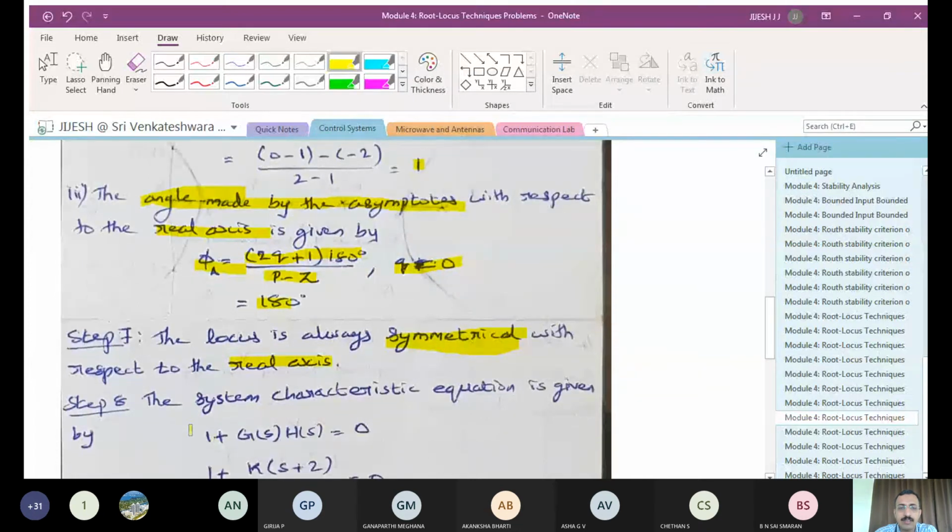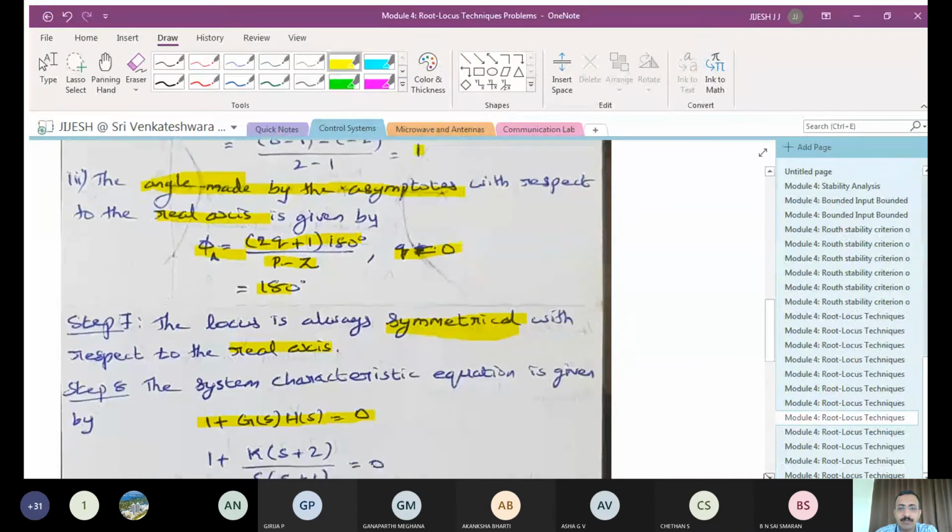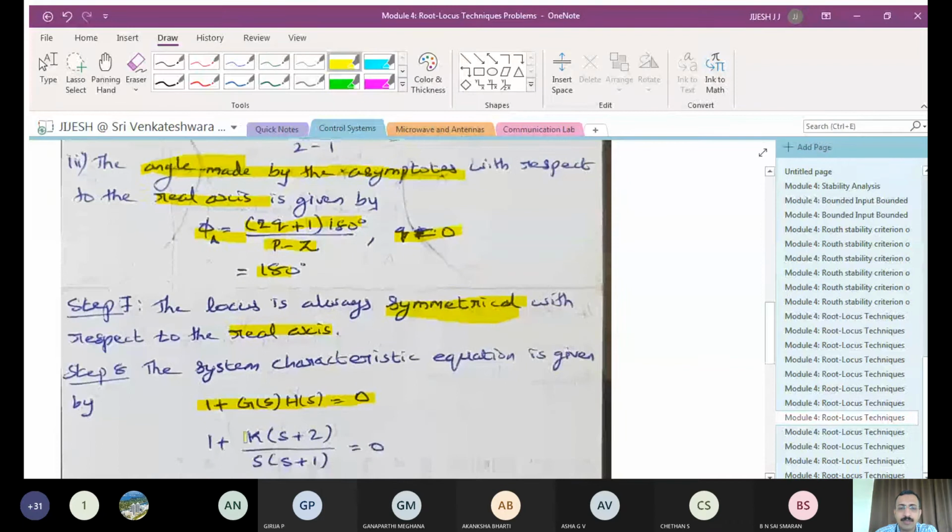I have taken the system characteristic equation, which is given by 1 plus G(s)H(s) equal to 0. I have substituted G(s)H(s) here, that is 1 plus K into (s plus 2) divided by s into (s plus 1), equal to 0.